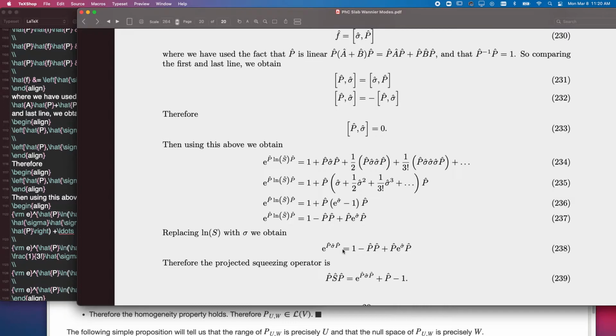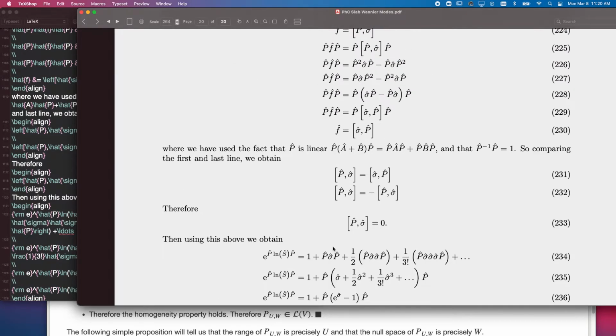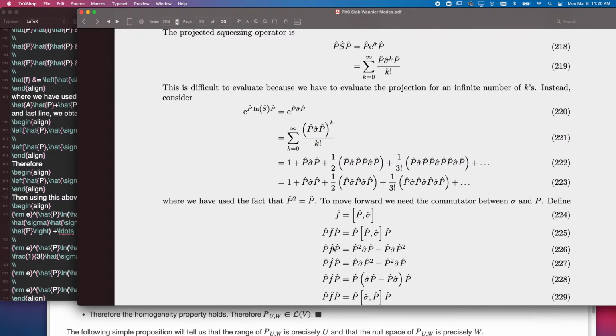Then, if sigma is equal to identity, this is just P, so I just get E to the P.